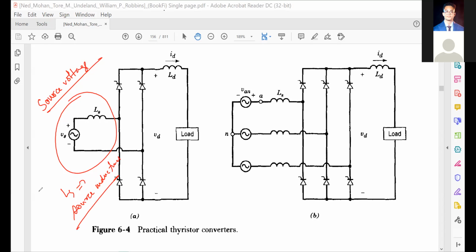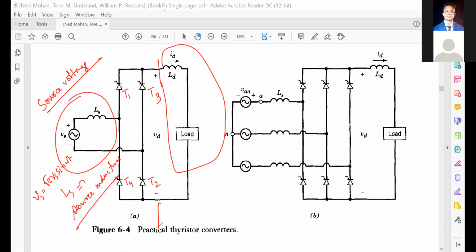And here's the voltage. And we have set 4 thyristors. And this LD is inside the load actually. So this is for your single phase bridge rectifier.